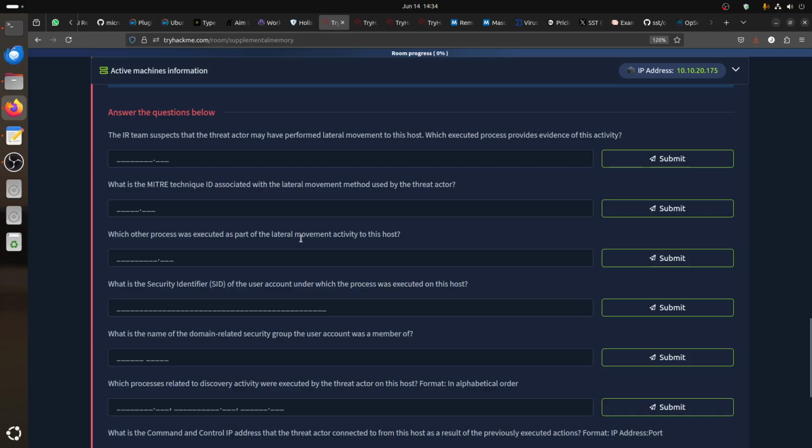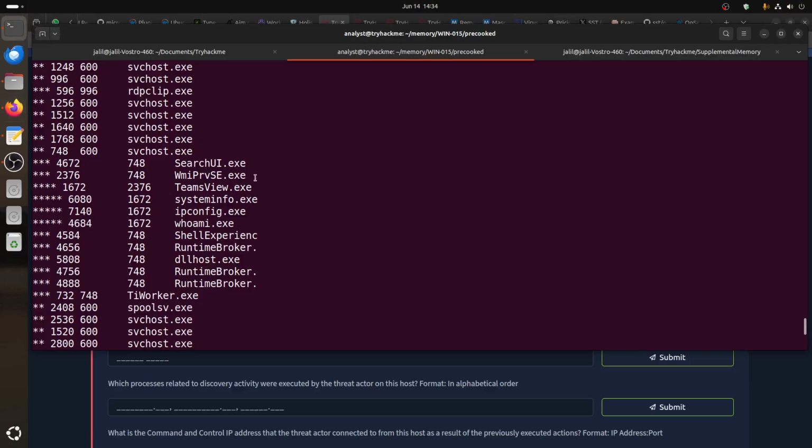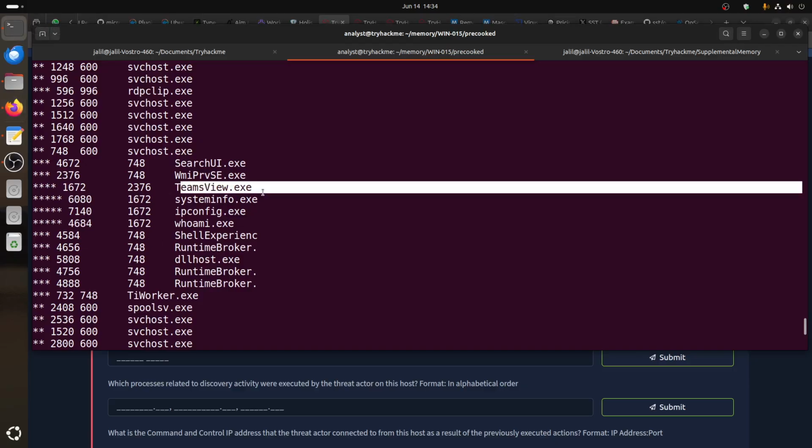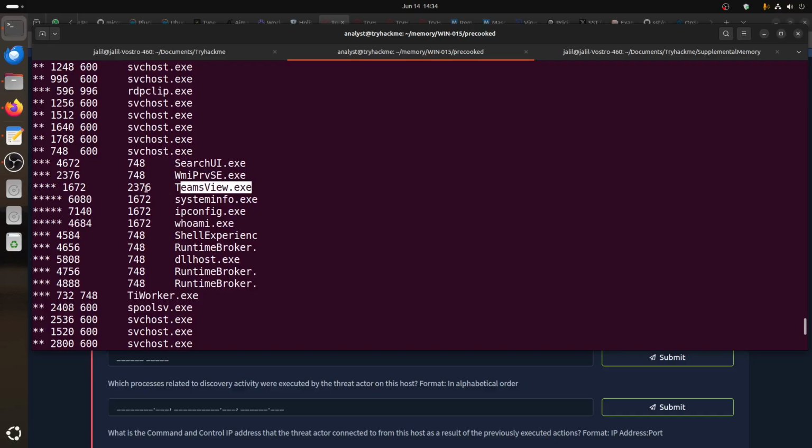Now, which other process was executed as part of the lateral movement activity on this host? Of course, we got it. It is this one, TeamViewer.exe, because you can see the relationship between them. This one, the process is 2376, and the parent of this one is 2376.